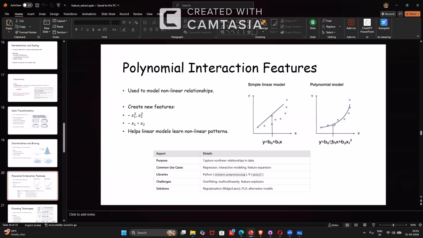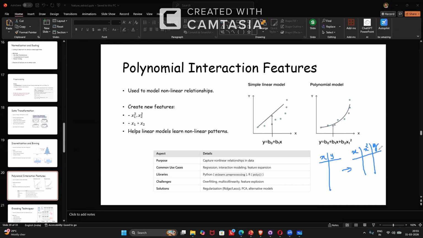So instead of x and y, we convert that to x square and y.